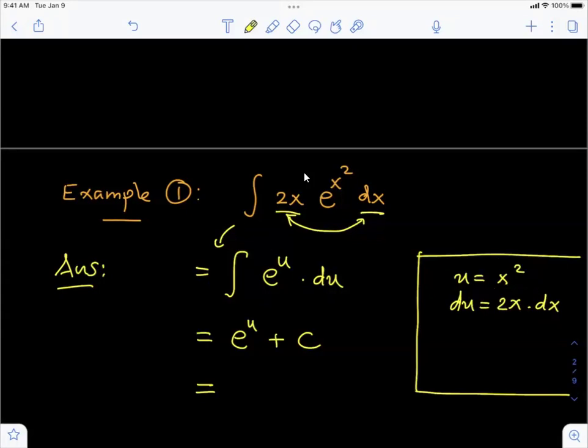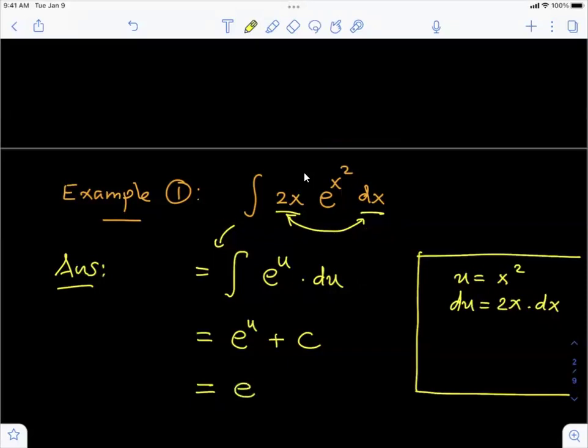It is like translating the original problem to a new language, the language of u, and then giving the answer in terms of that new language. Nobody will be able to understand what it means unless they are fluent with this new language. So you need to convert it back to the original variable before presenting the answer.